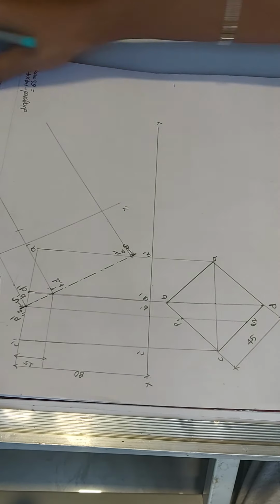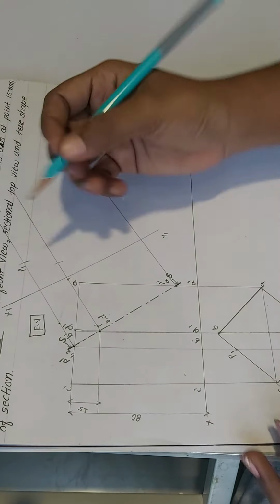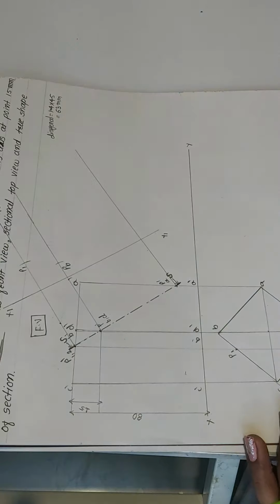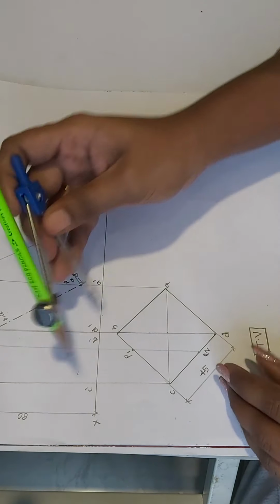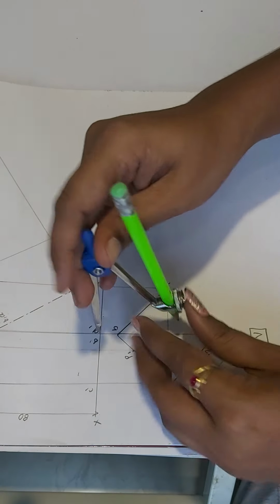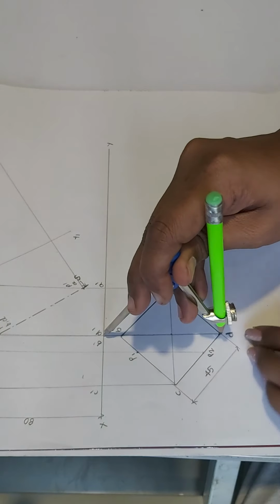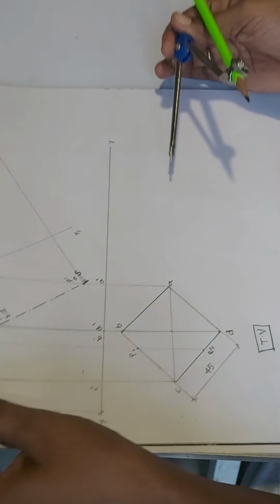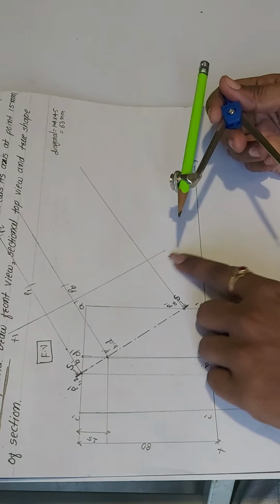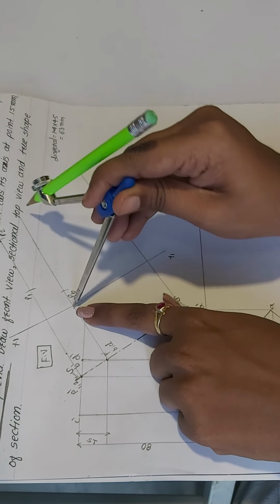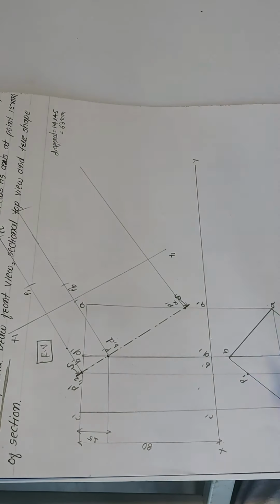You will get point PB. Next, I have taken the distance from xy to D because I am interested to mark PD. This is the line of D, which is going to intersect x1 y1 here.